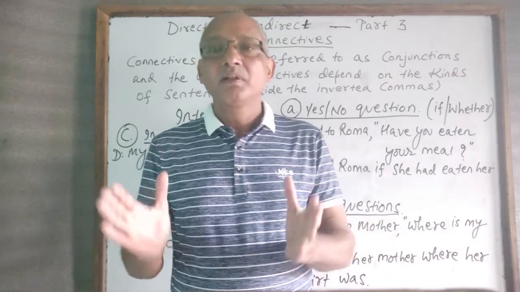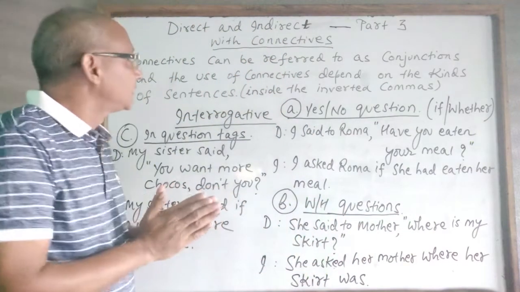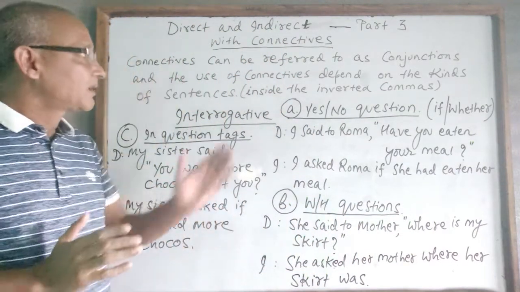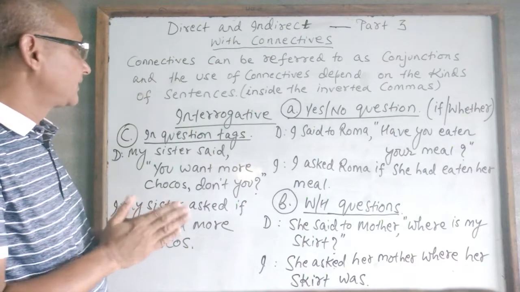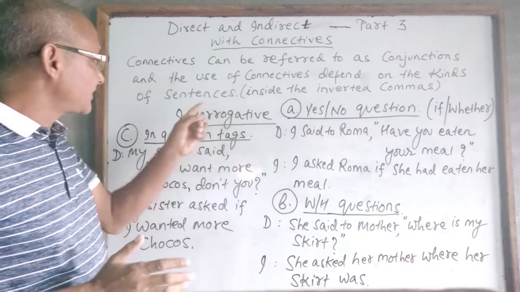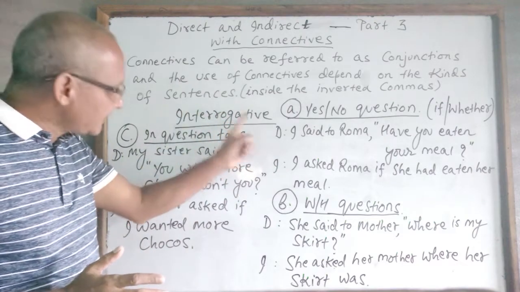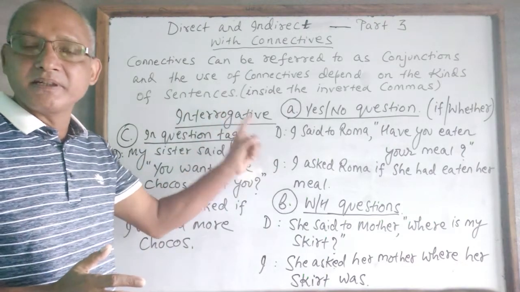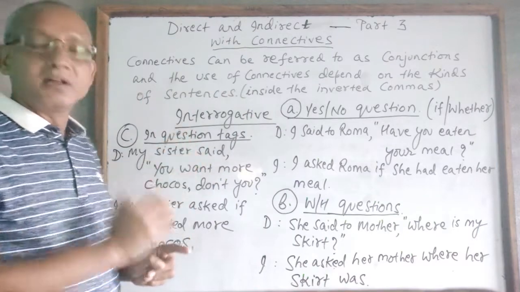Now coming to the second kind of sentences. We already did the assertive, now this is interrogative. Interrogative sentences are those which have a question formation.